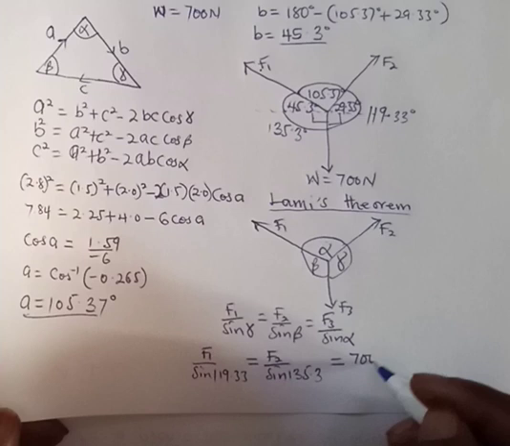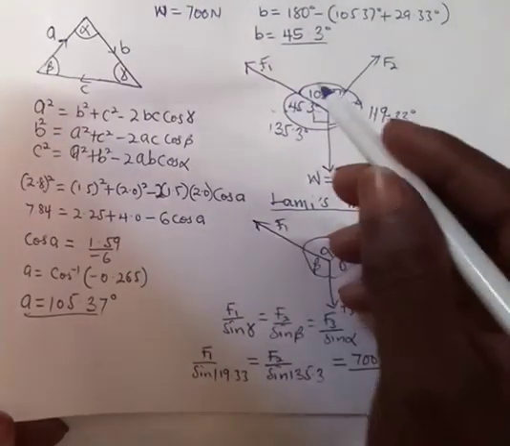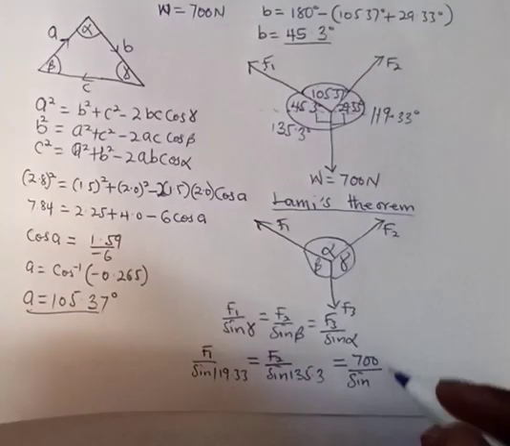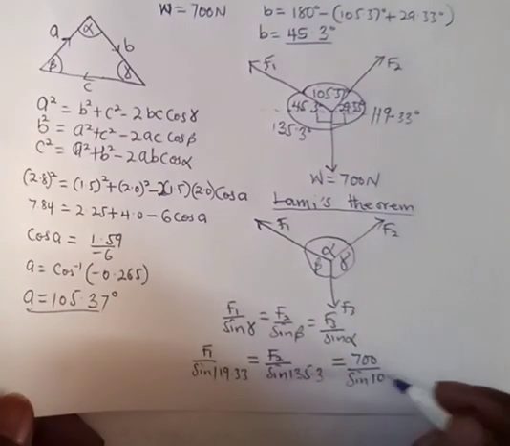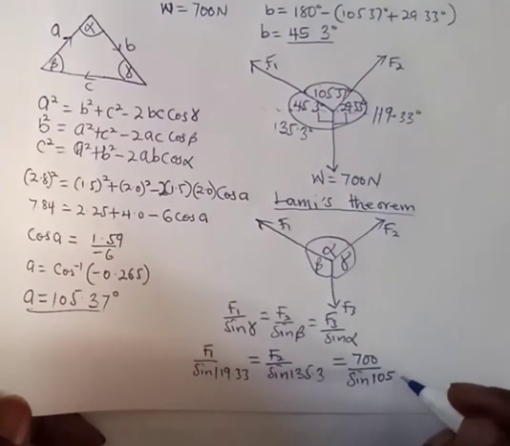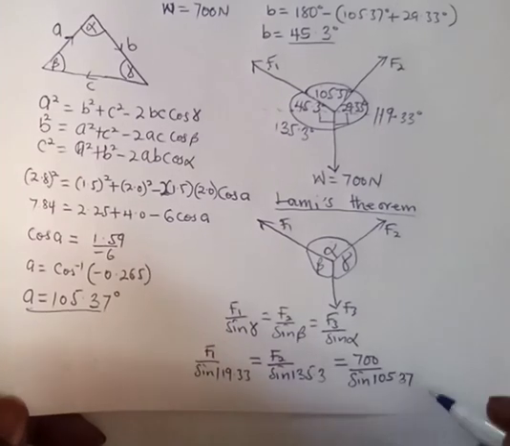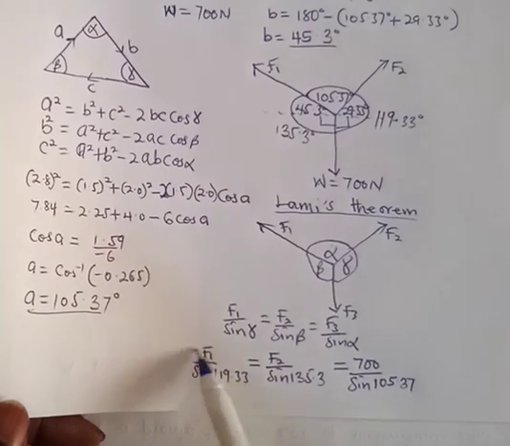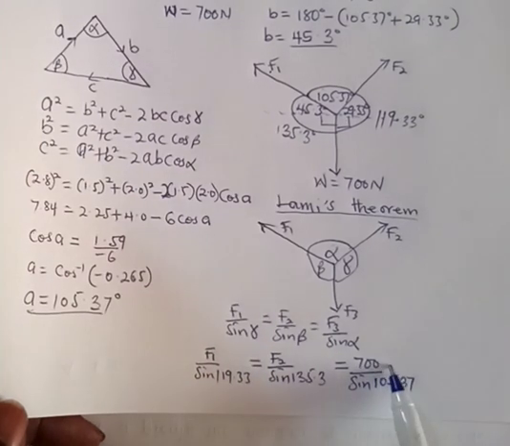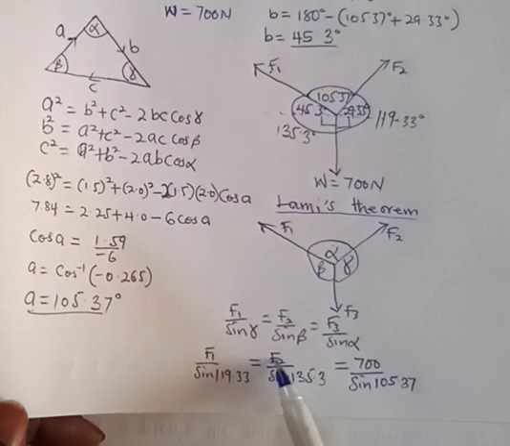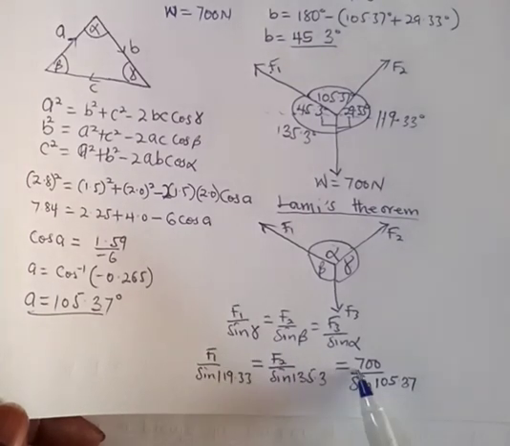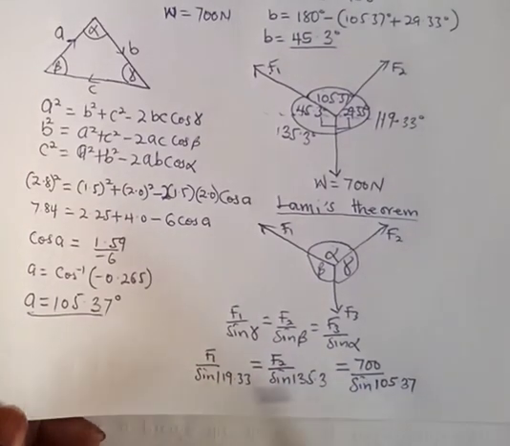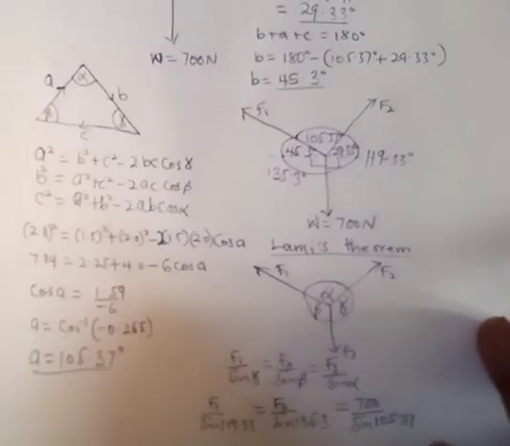So I'll write my 700 here divided by sine of the angle opposite to it, 105.37. Good. So once we have this, we can pick one of these and equate to this and solve for F1. We can also pick one of these and equate to this and solve for F2.